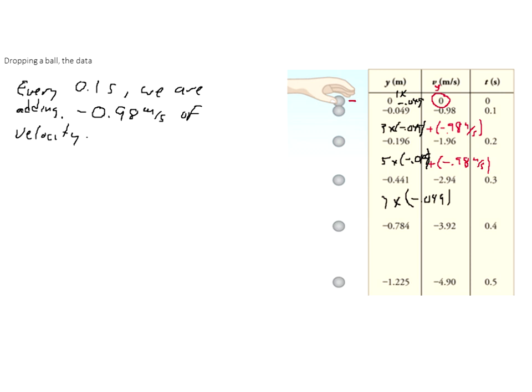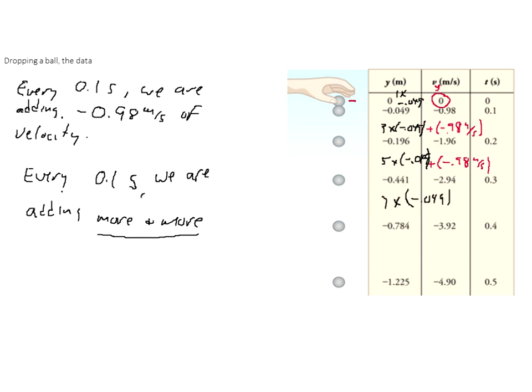So each tenth of a second, we're adding the same amount of velocity. Here, every 0.1 seconds, we're adding, and my verbal skills are not good enough to precisely describe this pattern in just a few words, but that's okay, because the important thing is to realize that we're adding more and more, so not just more, but more and more to the displacement.